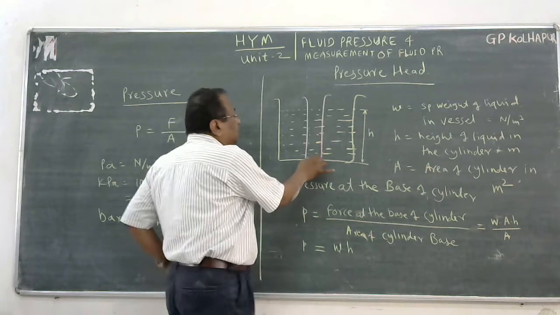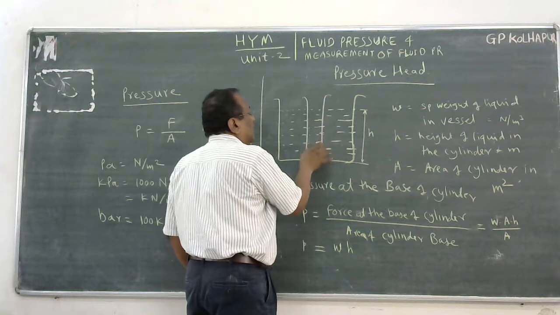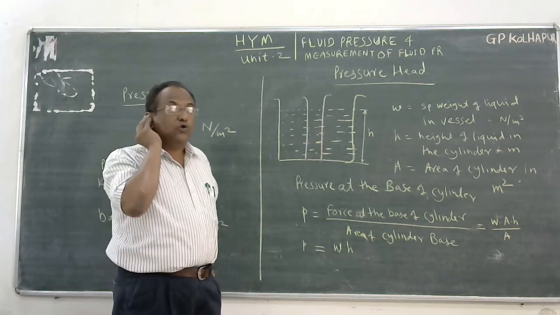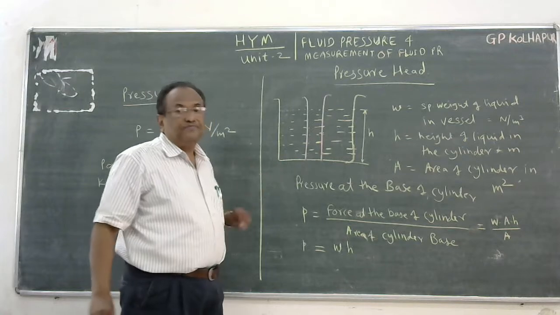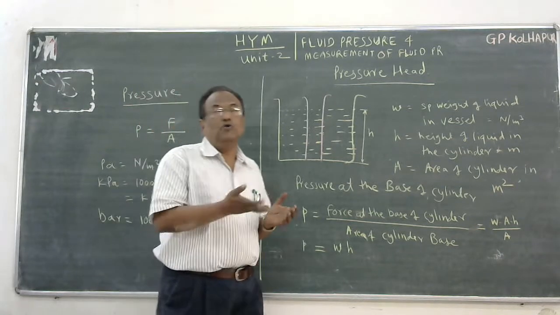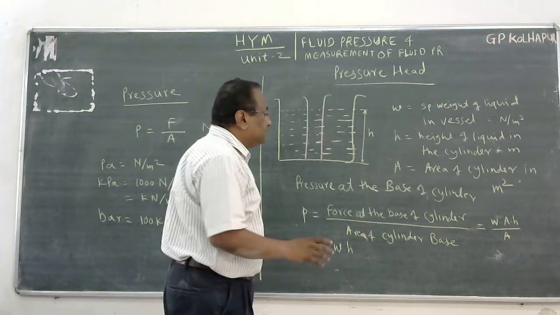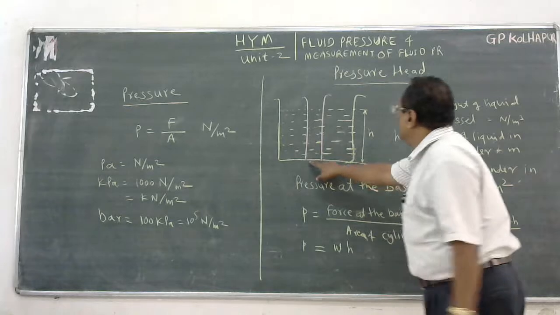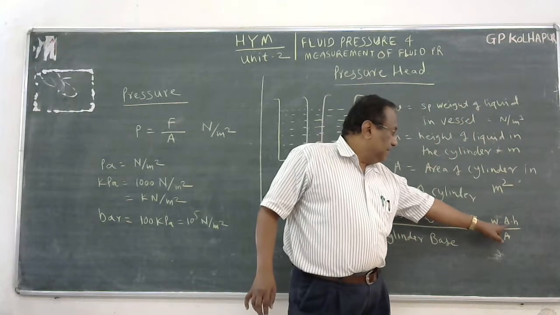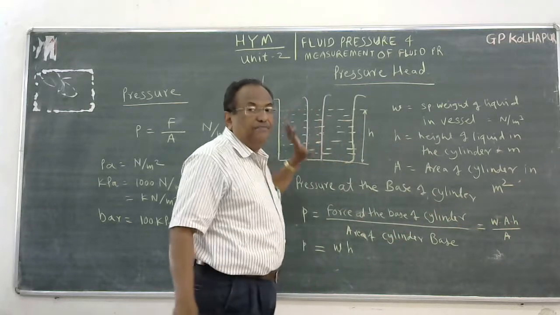This force is due to the weight of the water or any liquid which is there in the container. Now, how to calculate the weight of this water? We know that weight we can calculate by volume multiplied by specific weight. And volume is area of base multiplied by height of the liquid column.